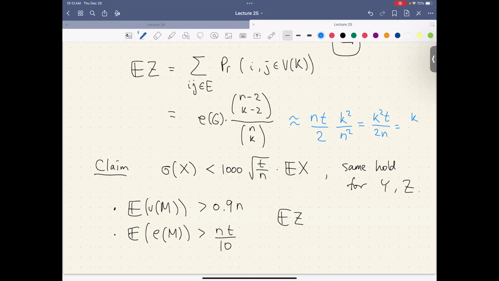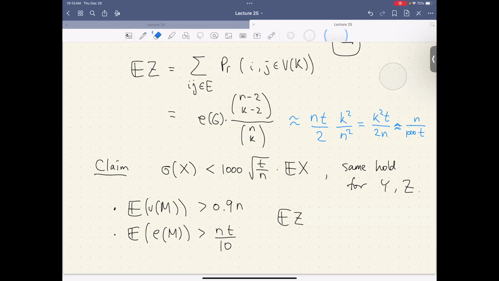So it's roughly k is n over 100t, right? So what is it? n over 100t? Well, some n over t and some large constants, okay? Let's say 1000, whatever.